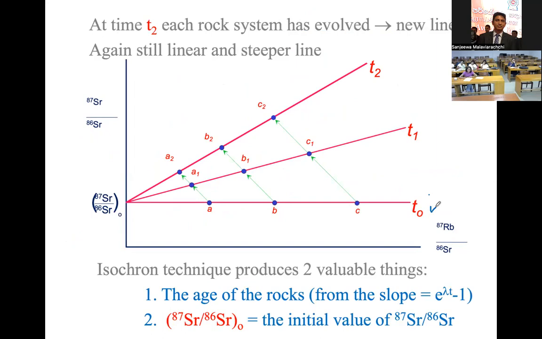Those who did not understand can get it absorbed here also, right? So after t1 time, maybe you are getting an isochron, so you get the age of this time interval, right?